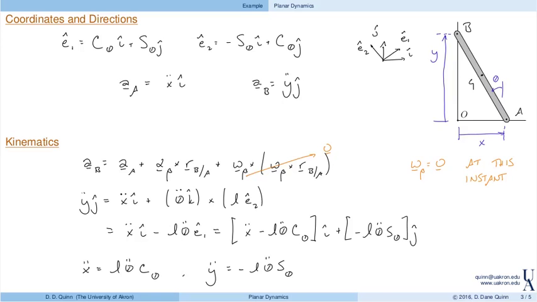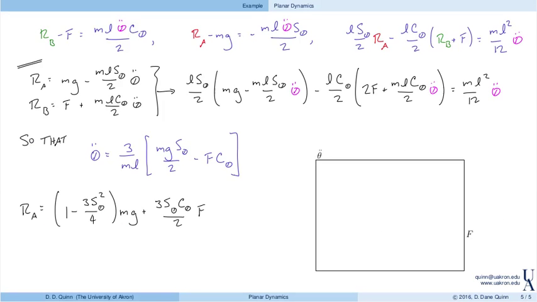And then, likewise, we can solve for RB. And we find 3 sine theta cosine theta divided by 4 times the weight plus 1 minus 3 cosine squared theta divided by 4 times the applied load.